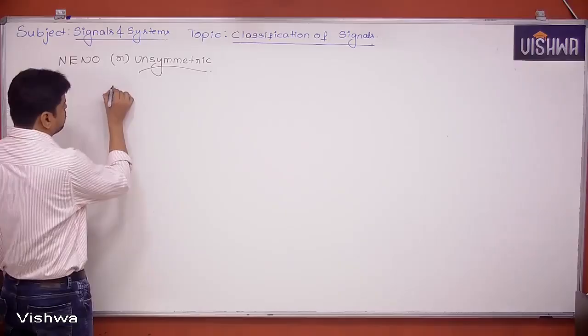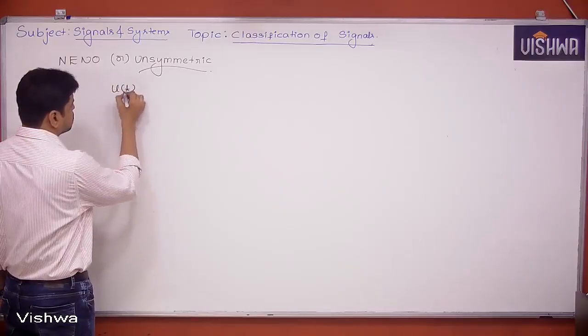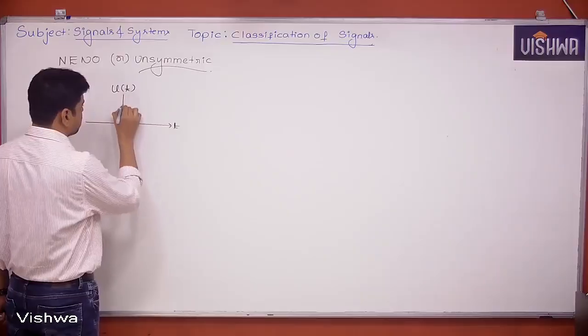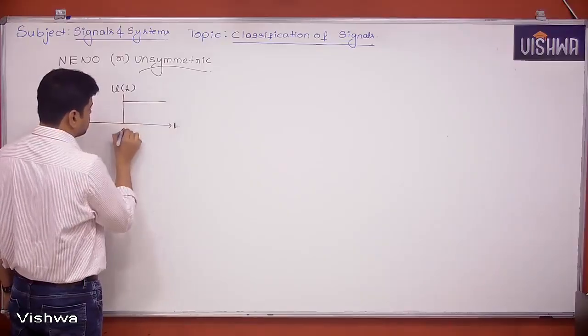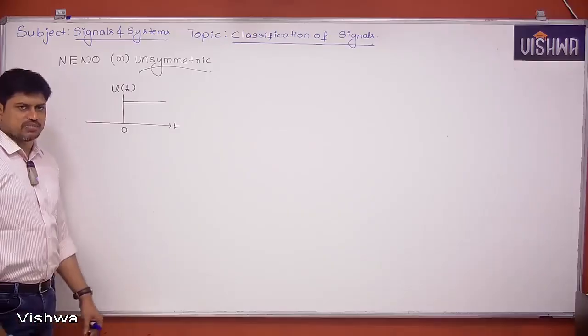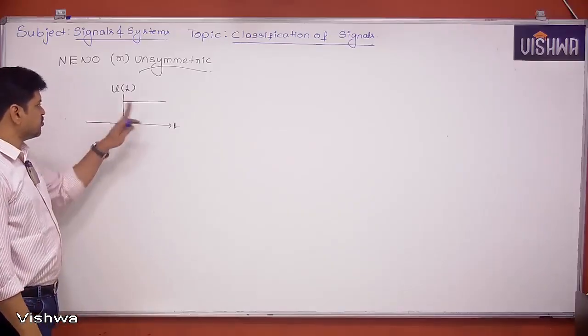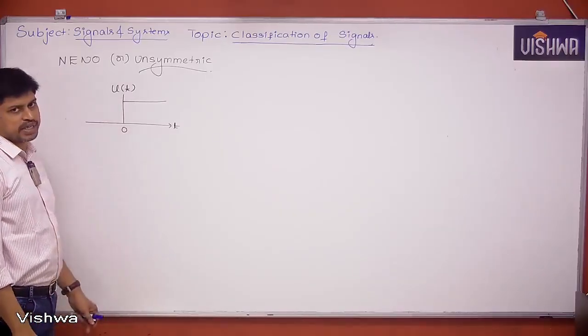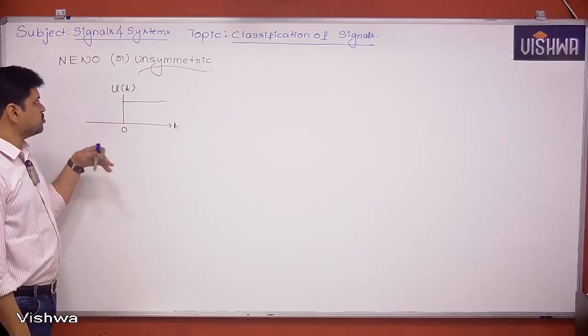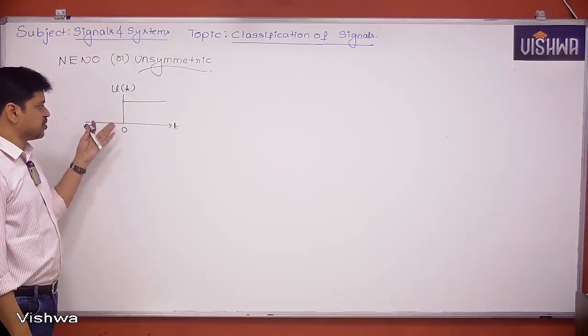If you take u of t, how does it look? My question, is it an even signal? No, because if you fold it, you are not going to get minus u of t. Next, if you fold it, are you getting u of t or minus u of t? Neither of them.